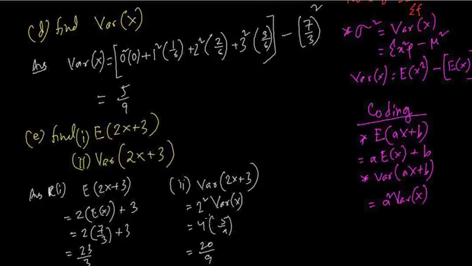So this is the question you can expect when you have a question of probability distribution. So let me talk a little bit about what we have talked about. When we do probability distribution, the first thing you have to remember is that there are different types of probability distribution.